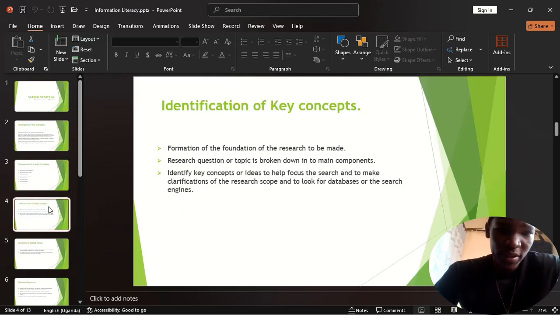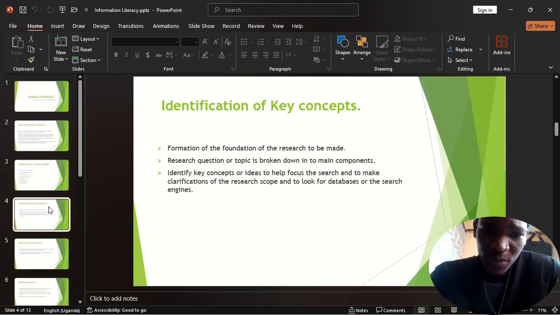What I'm going to start with is the identification of key concepts. It normally involves forming the foundation of the research being made.